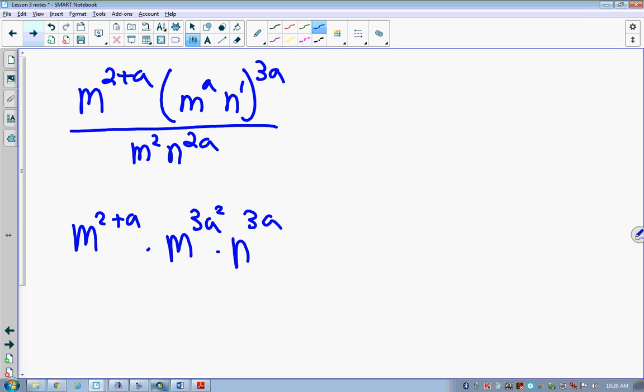Do I have any same bases? Yes. What bases do I have in common? M. So I'm taking m times m. Whenever I take m times m, what do I do with those exponents, multiply them or add them? Add them. So I need 2 plus a plus 3a squared. What does that become?